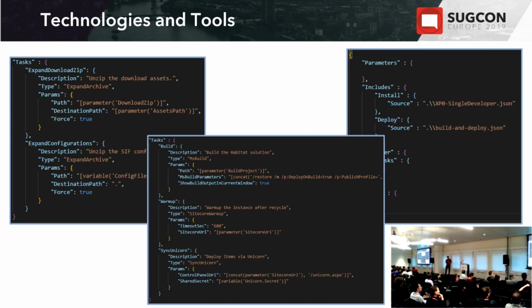So do things like expanding the installer assets for you with SIF, and using the existing SIF configurations for XP0 combined with some configurations that'll do build and deploy. So I think this will also be a great showcase of how you can integrate SIF into your builds.